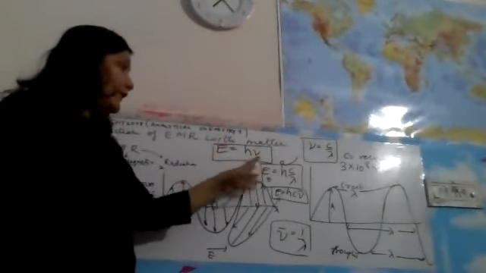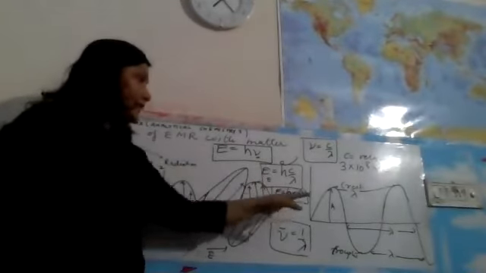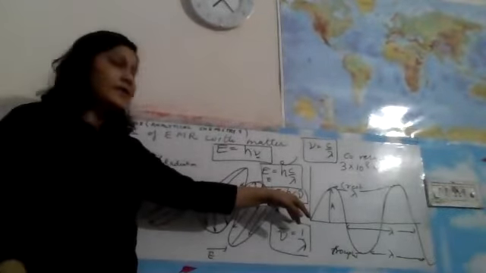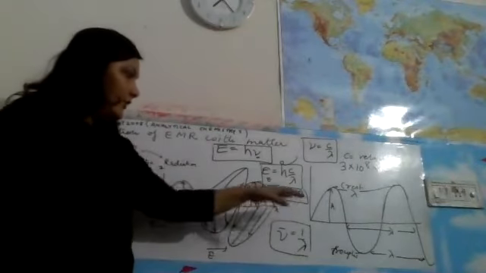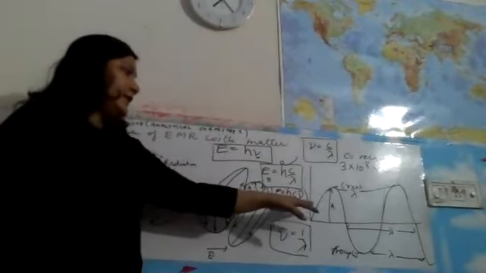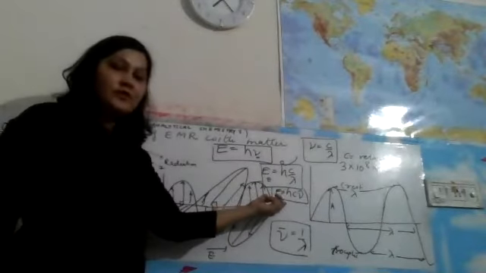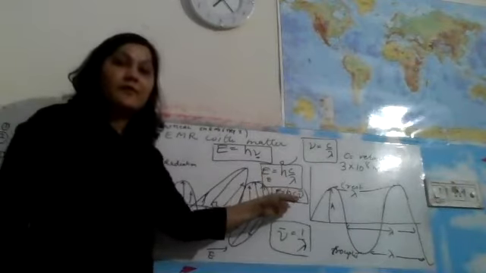The energy is also directly proportional to the wave number, because here h and c are constants. So constants have no impact on the magnitude of energy. So if the wave number of any wave is high, the energy of the wave should also be high.